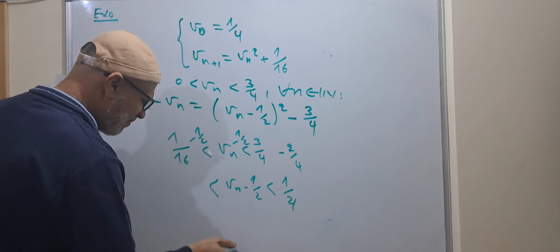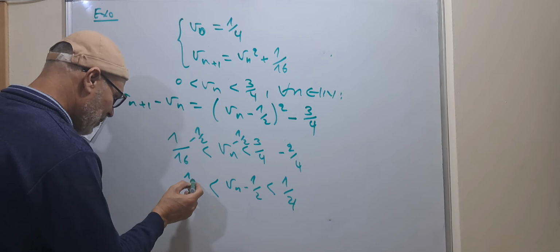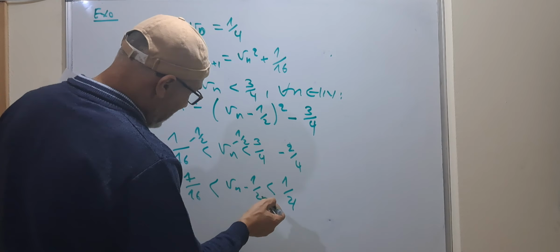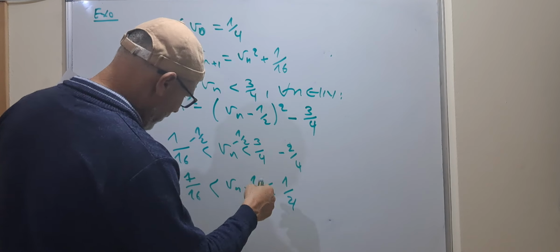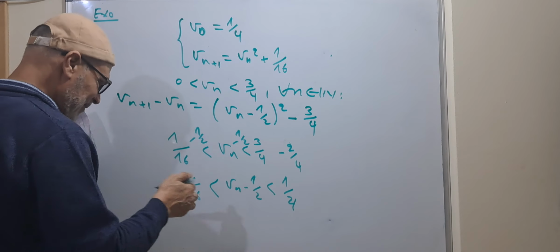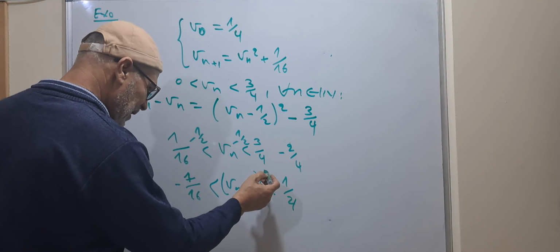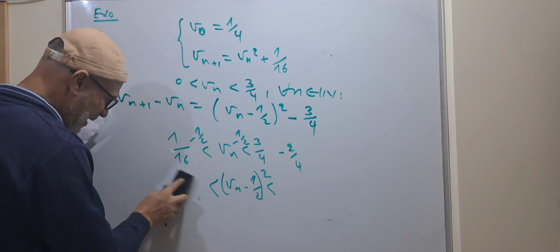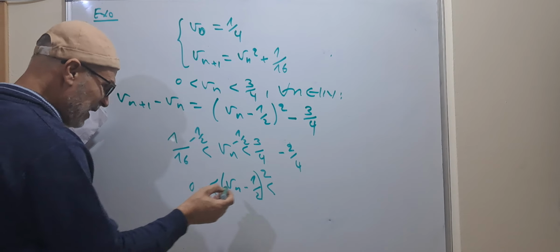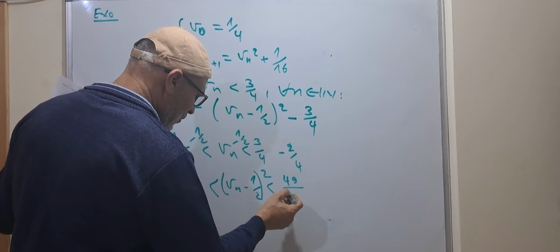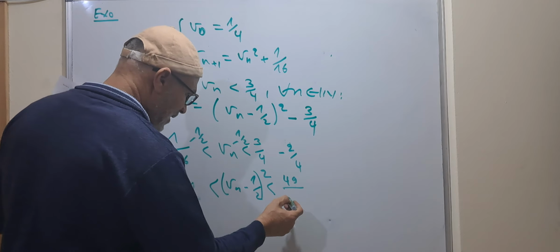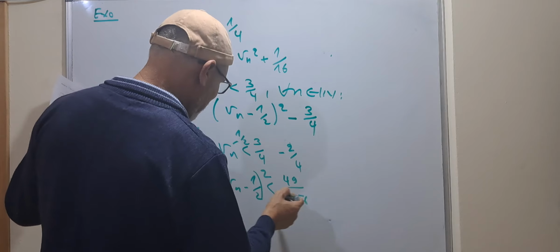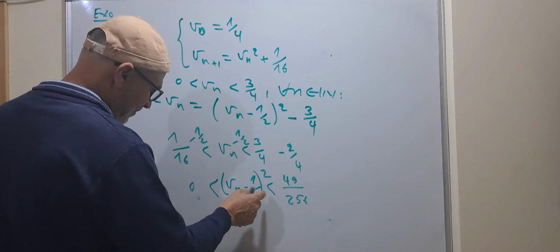If we take both of them to the square, this will be greater than 0 but less than 49 over 256.